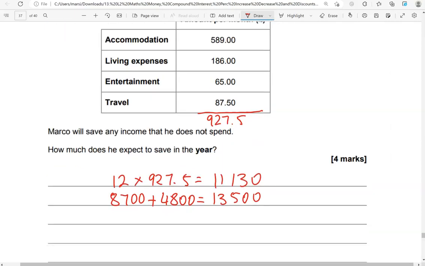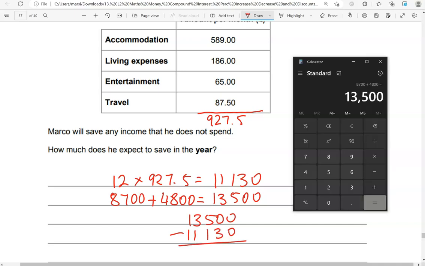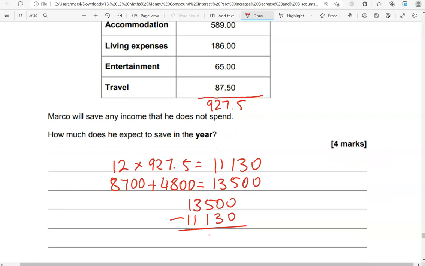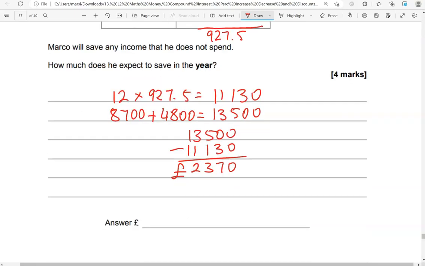So 13,500 take away 11,130 should give us the difference, which is 2,370. So that's how much he saves.